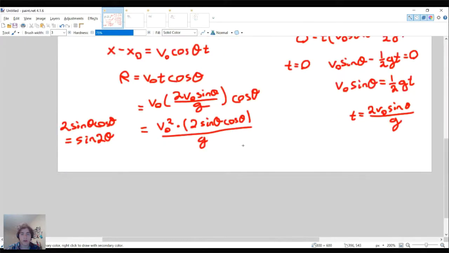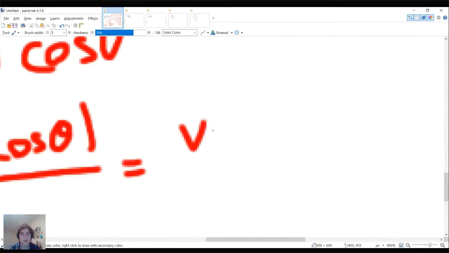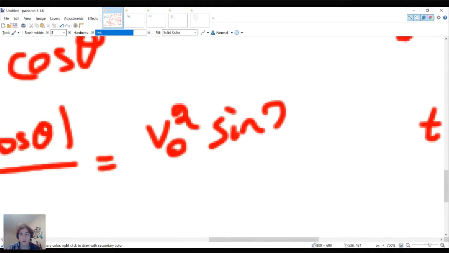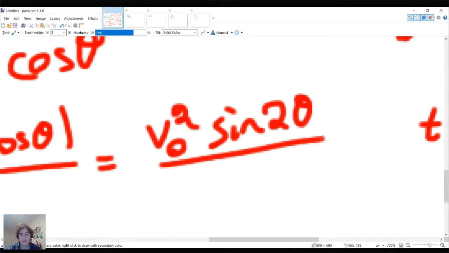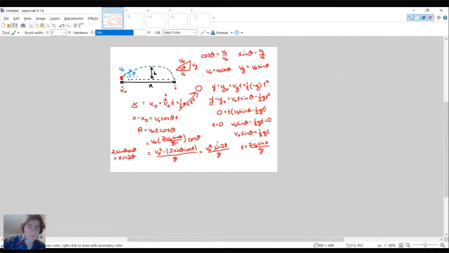So we can plug that into here, and then we get the final expression for the range as v0 squared sine of 2 theta over g. And that's the expression for the range.